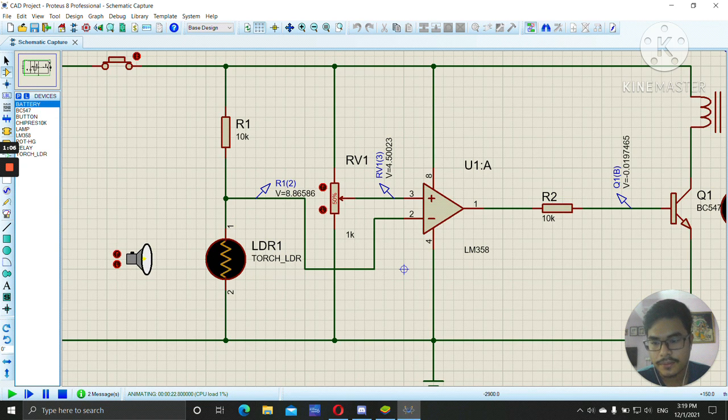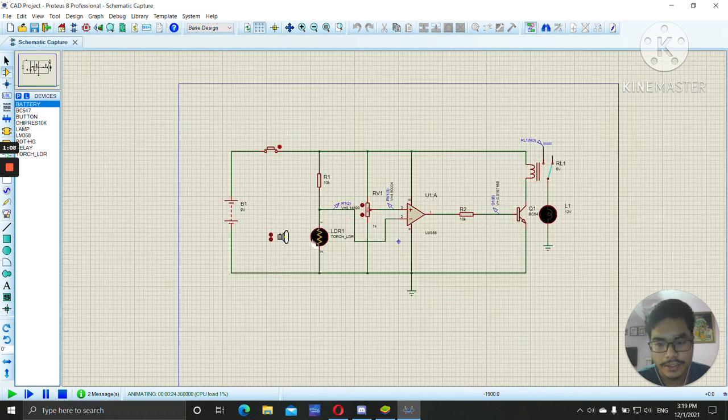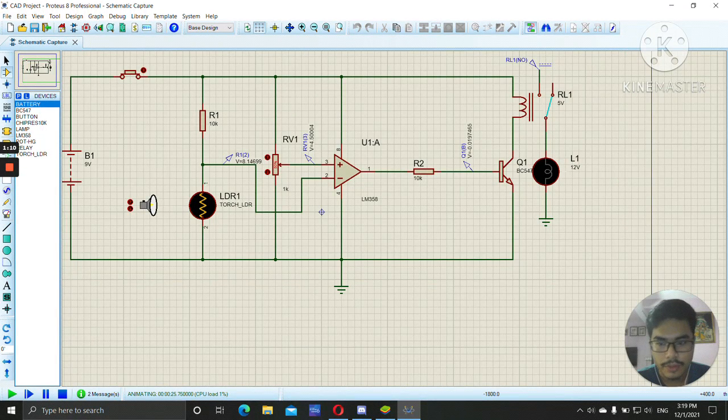So when we increase the light intensity, you can see the inverting voltage and the non-inverting voltage have the same value. You can see the light is turned on because it is receiving enough voltage to light up the bulb itself.